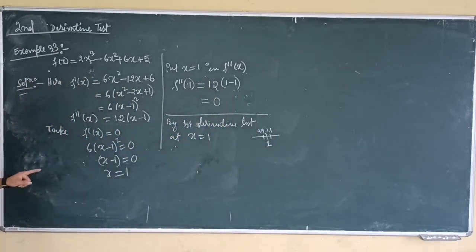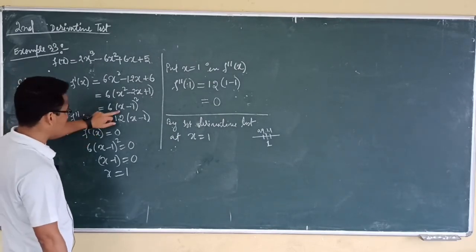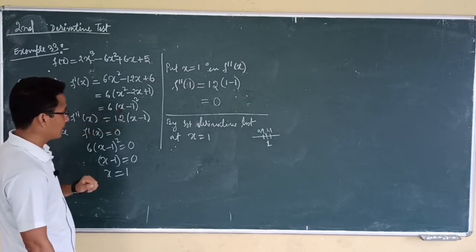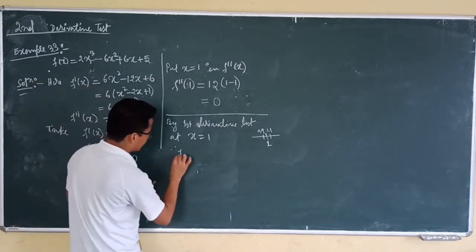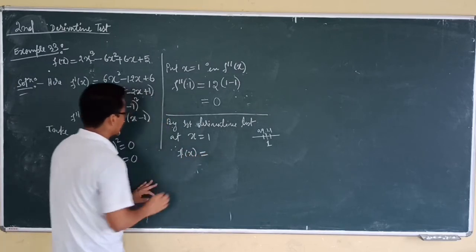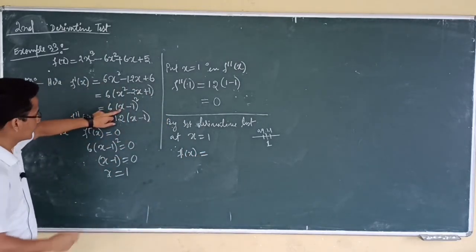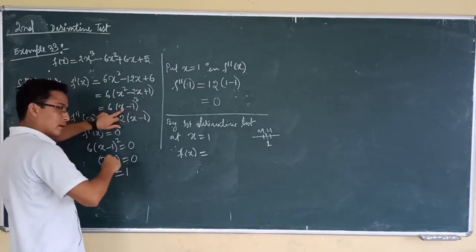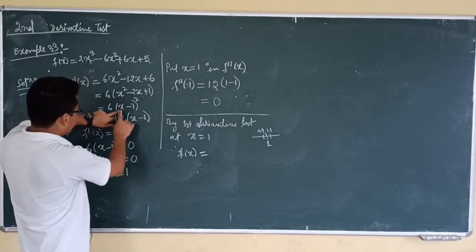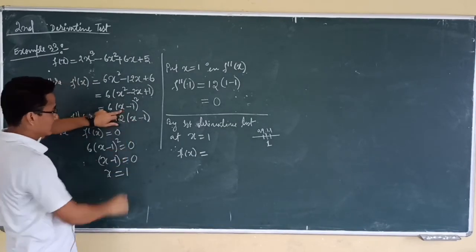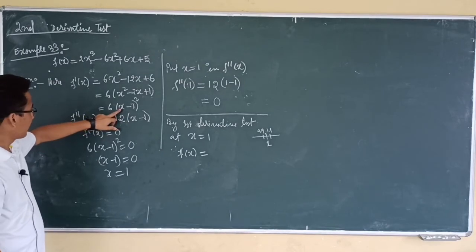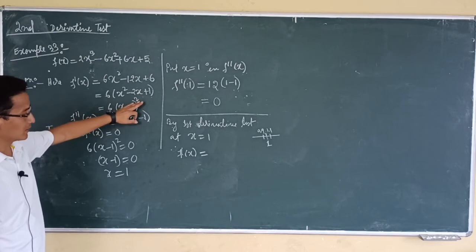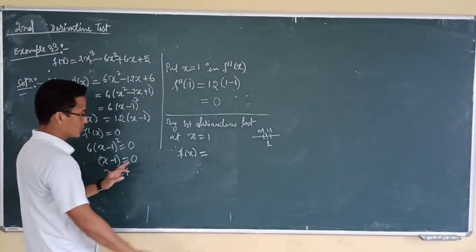Okay, so if I put 0.9 here in f dash x, then x minus 1 gives a negative value, and if I put the square there, then I will get the positive value. If I put the plus value, then we also get the positive value.